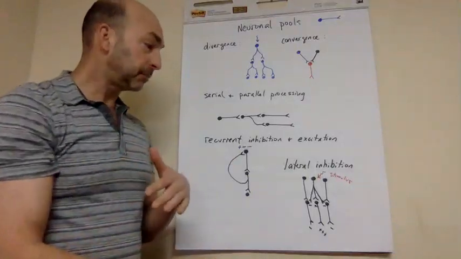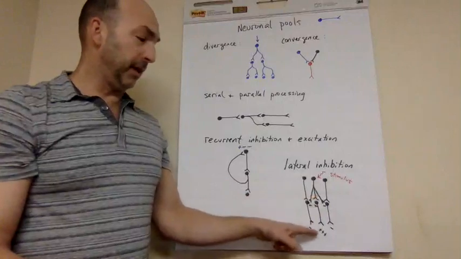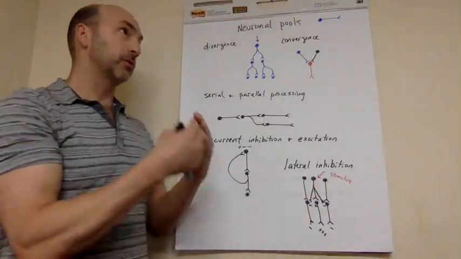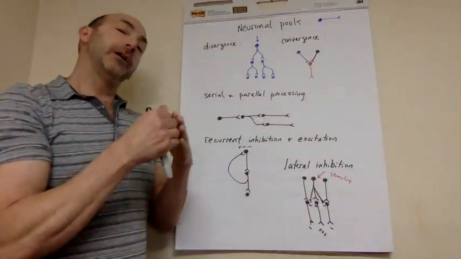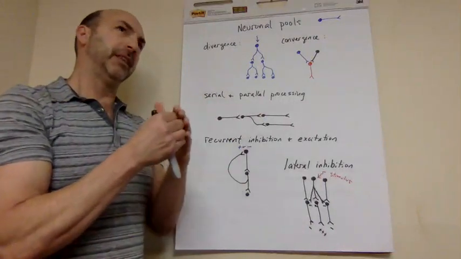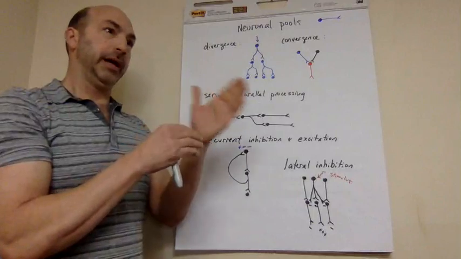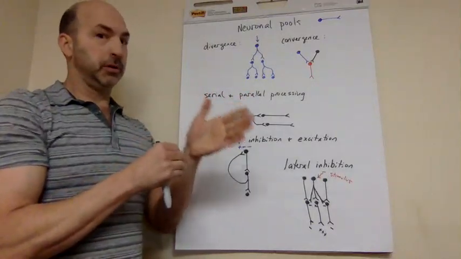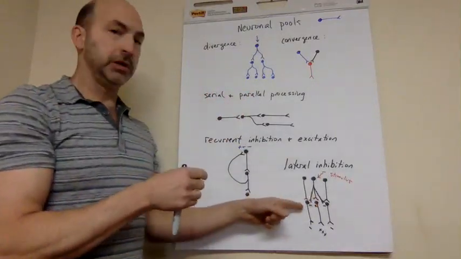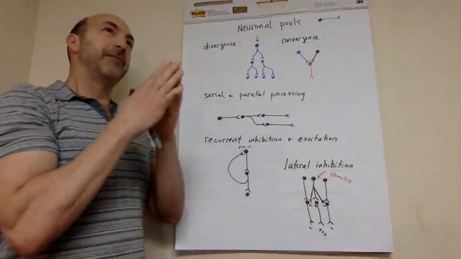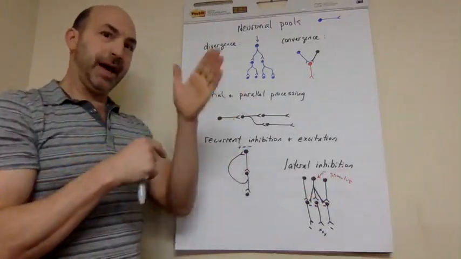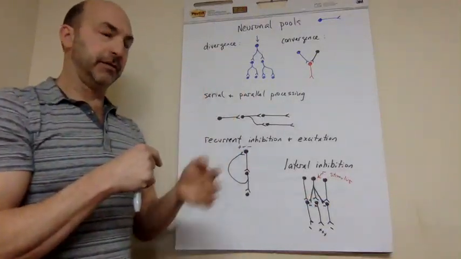Really important in vision because it allows us to create contrast in our vision, where, think about the lines, where you see a demarcation between light and dark. Really important to have lateral inhibition to do that, to not have a blurring where we have distinct lines in our visual view.